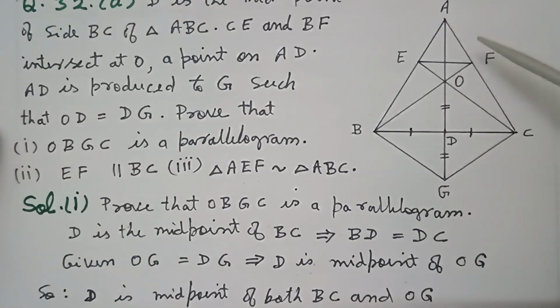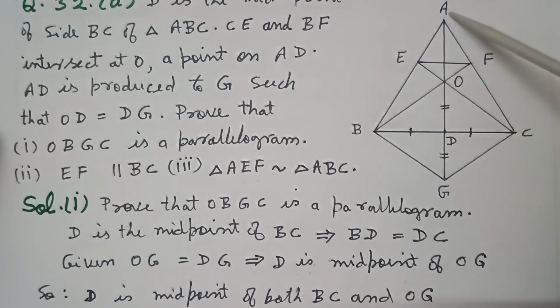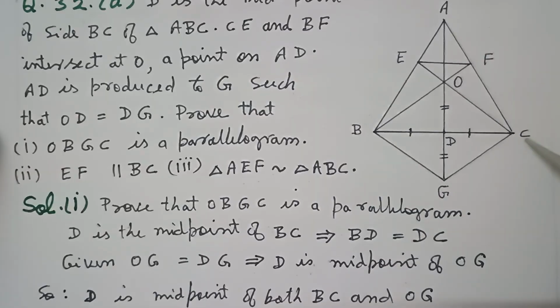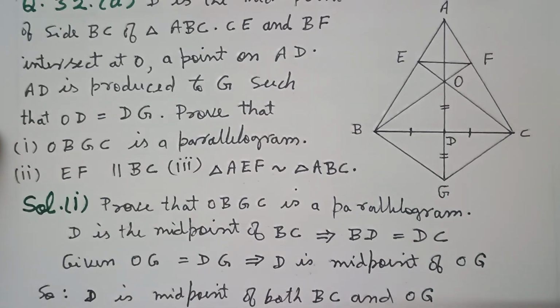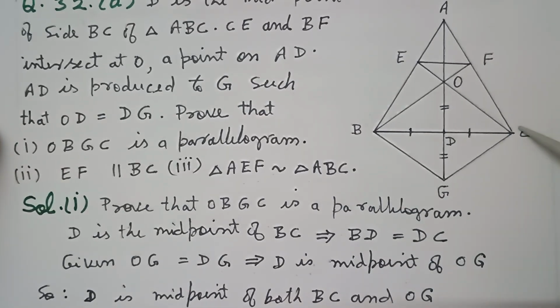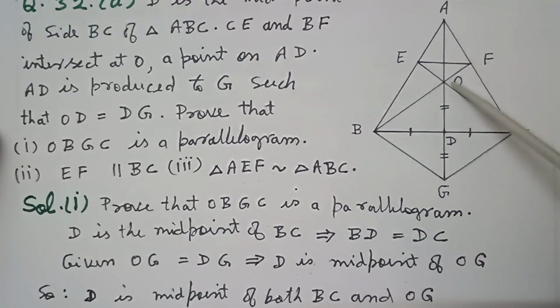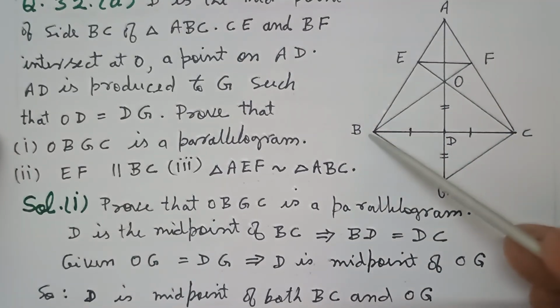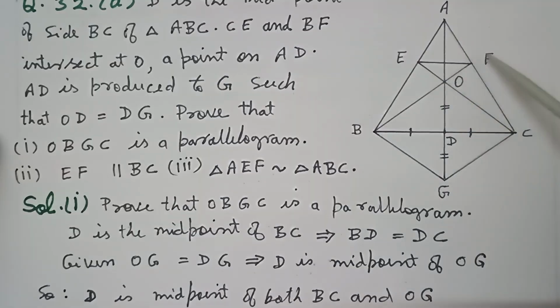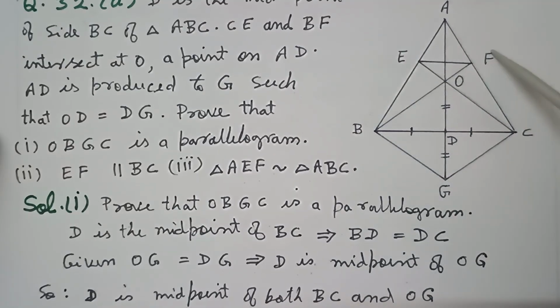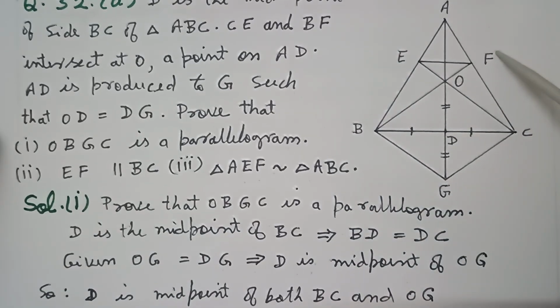Similarly, this can be proved in triangle AGC. In AGC, GC is parallel to BO, and BO and BF are the same line. So GC is parallel to BF, and OF is a part of the same line.